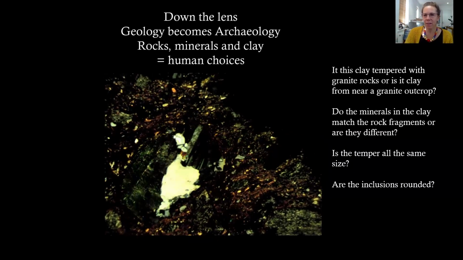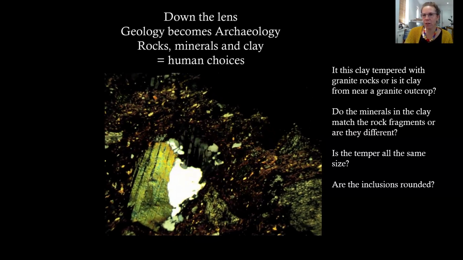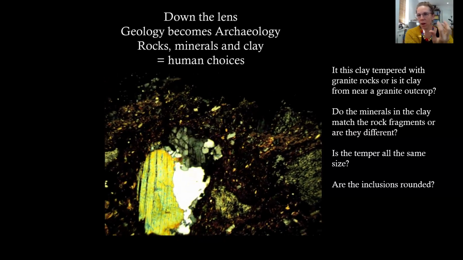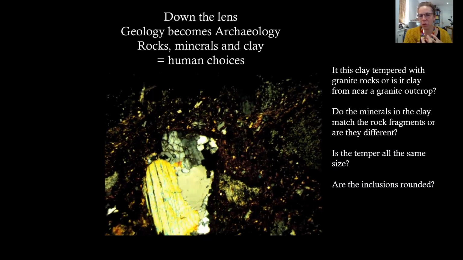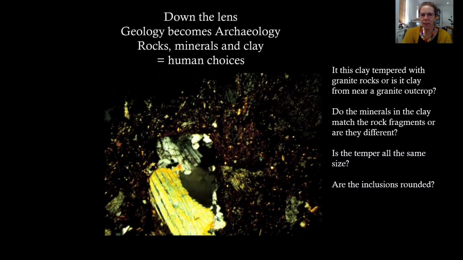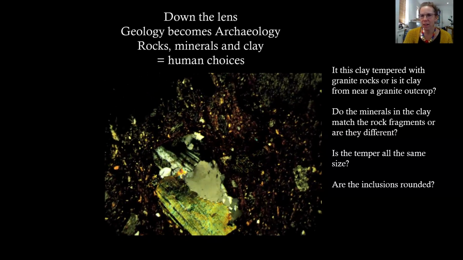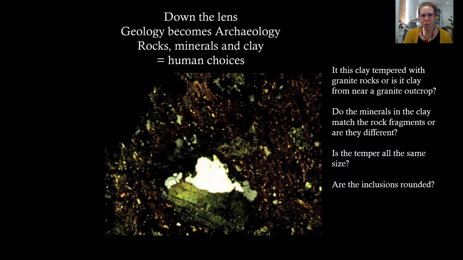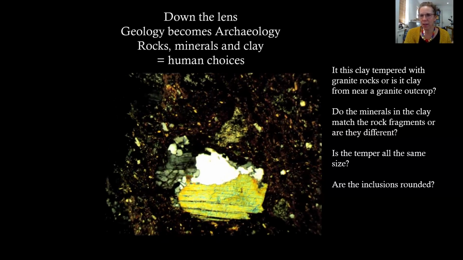Has this clay been tempered, or are these granite rocks just coming off the uplands into the clay, into a stream or a river? So we need to look at how rounded is it? Is it angular? What's the size of it in relation to the clay?